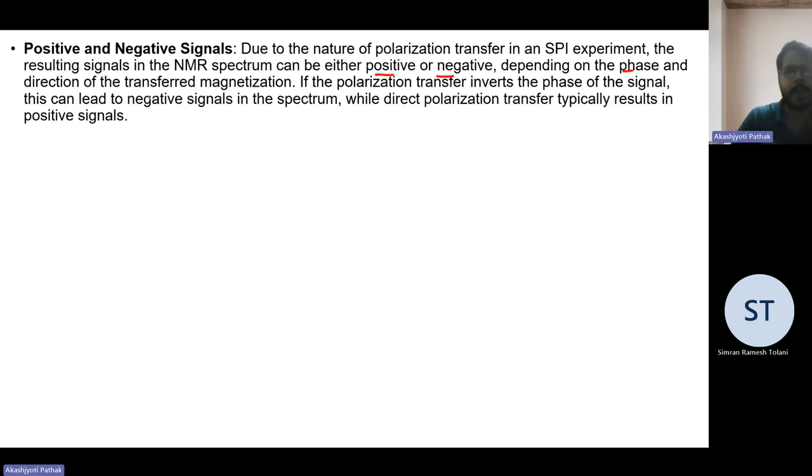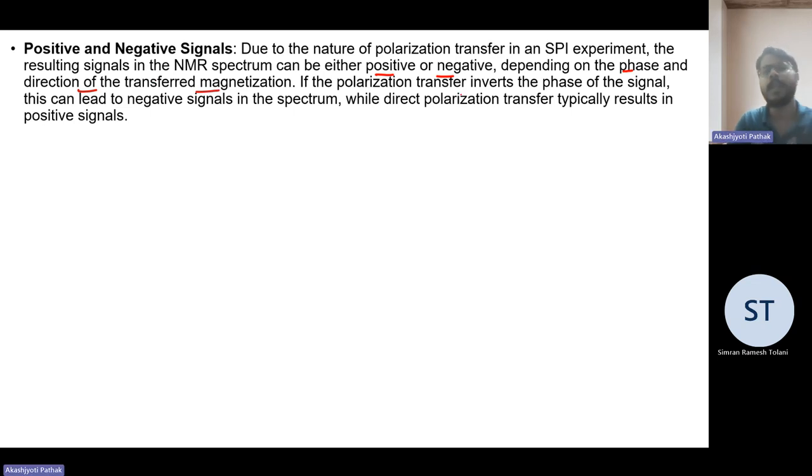The net result seen in the NMR spectrum can be either a positive or a negative signal, and it depends on the direction of the transferred magnetization.